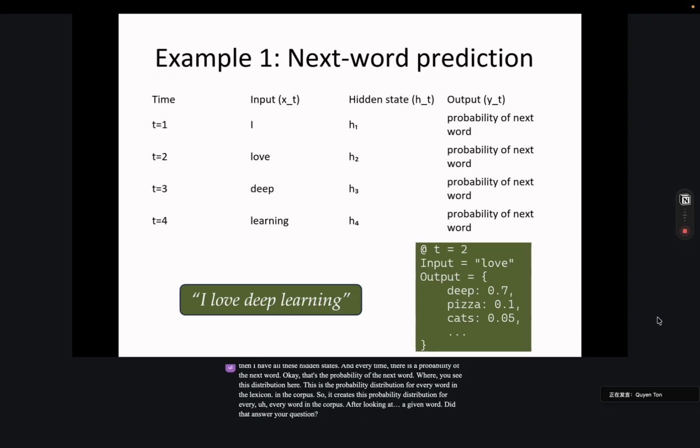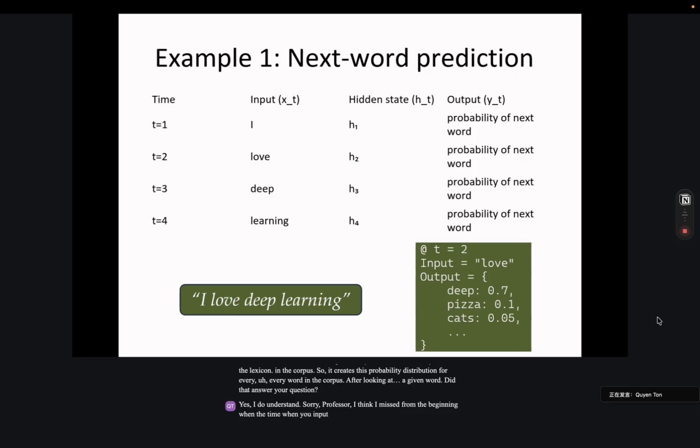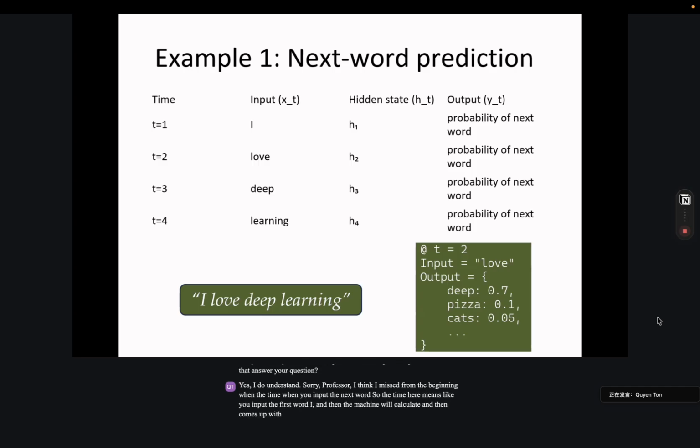Yes, I do understand. Sorry, Professor, I think I missed from the beginning when you input the next word. So the time here means you input the first word I, and then the machine will calculate and come up with a lot of choices, and then you input the word love, and then it's going to predict a lot, and then you input deep, etc., right?